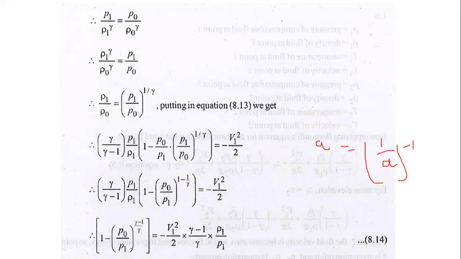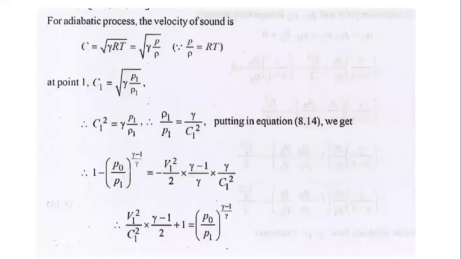Or say 1 minus this whole term is put here, and this term is transferred to this side. So we are getting 1 minus P naught upon P1 raised to power gamma minus 1 upon gamma is equal to minus V1 square by 2 into gamma minus 1 upon gamma into rho 1 and P1.